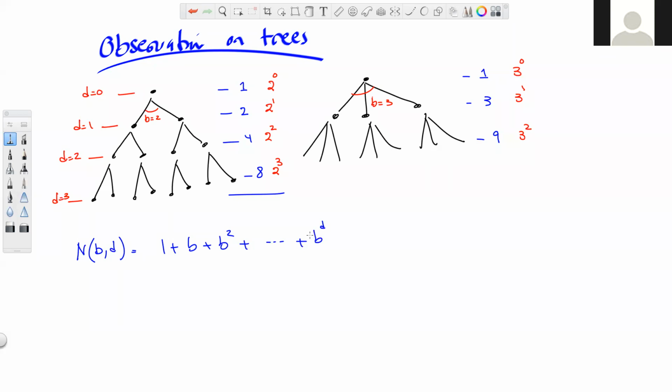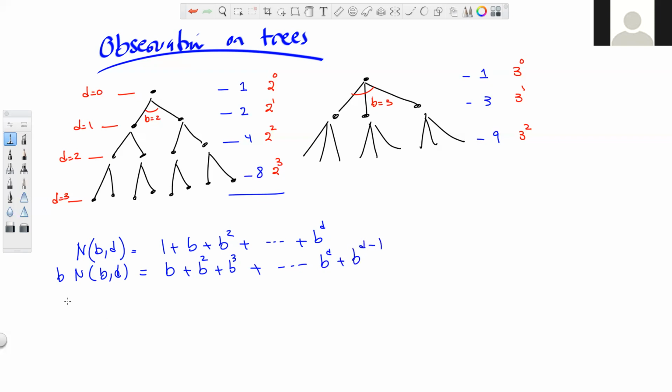The question is, what's the closed form for this? And the technique, I think one of the genius mathematicians did this when he was a kid. That's how the anecdote goes. You multiply this by b, and then you get b plus b squared plus b cubed all the way to b to the d plus b to the d plus 1.